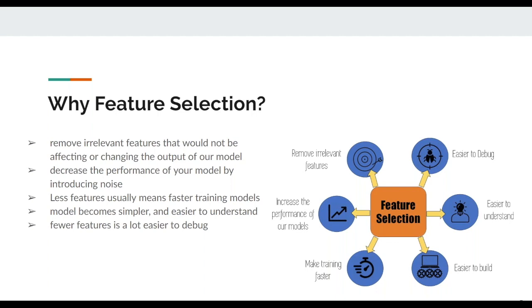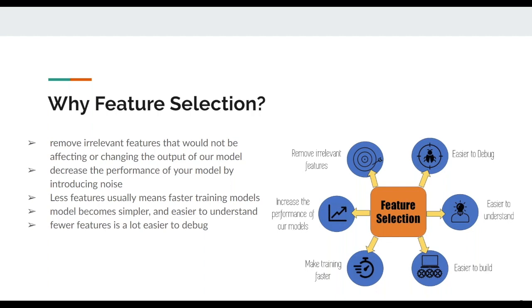You also make your model more efficient, in the sense that it's faster to train and easier to build. If you have a smaller number of columns, a smaller number of features to train the classifier, it's going to run much faster.